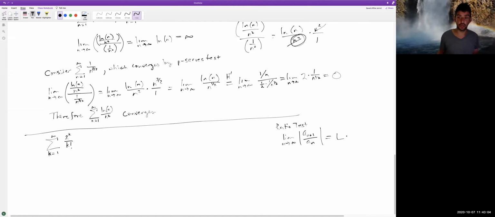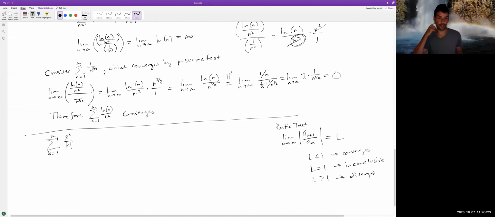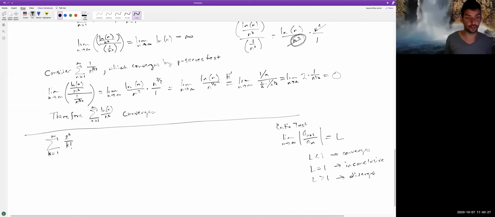If it's equal to 1, the test is inconclusive, meaning it didn't tell us anything. We move on to the next thing. And if it's greater than 1, including an infinite limit, then it will diverge.